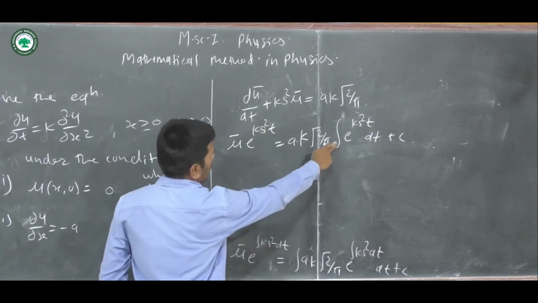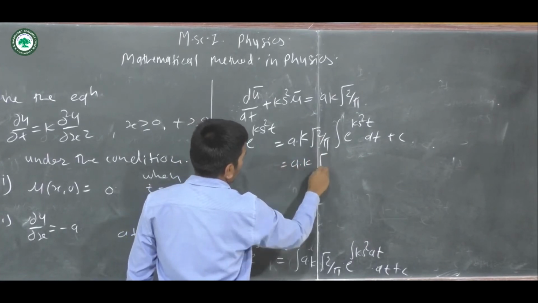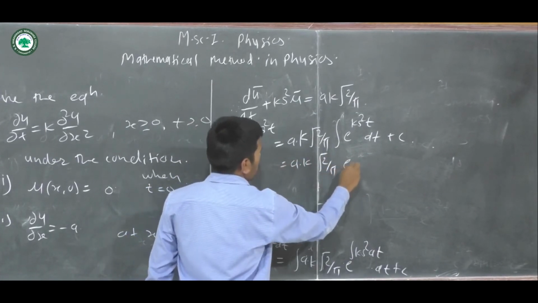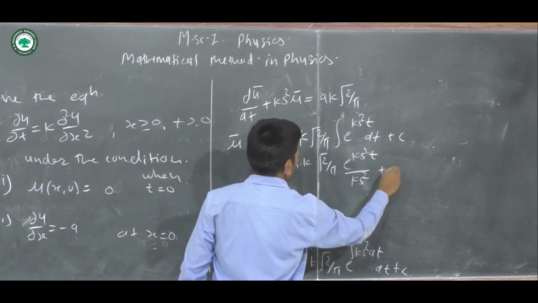Okay, so again if I integrate this, it is a into k under root 2 over pi, e raised to k square t divided by k square, plus c.